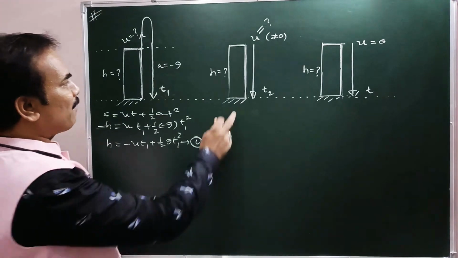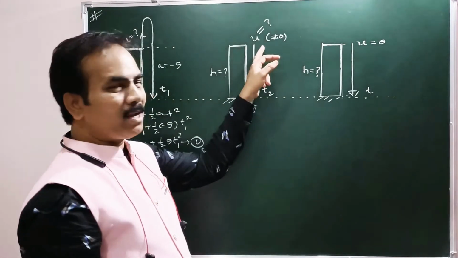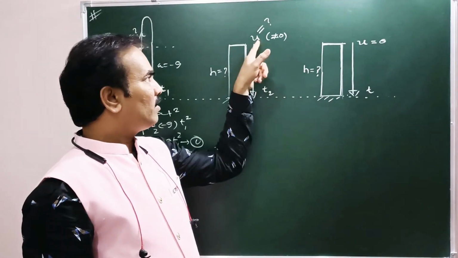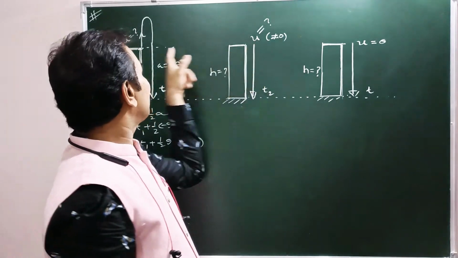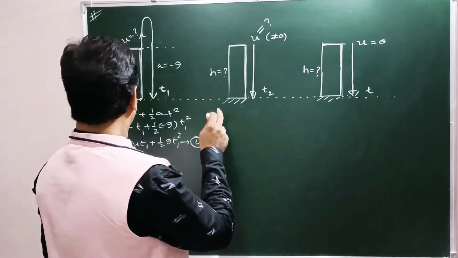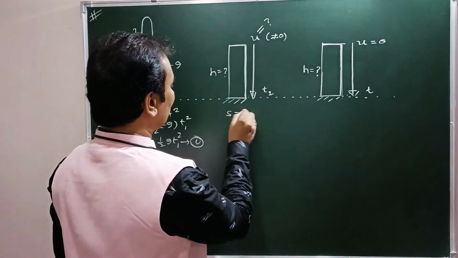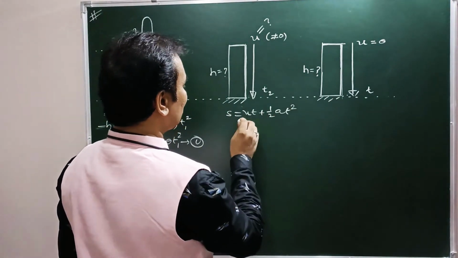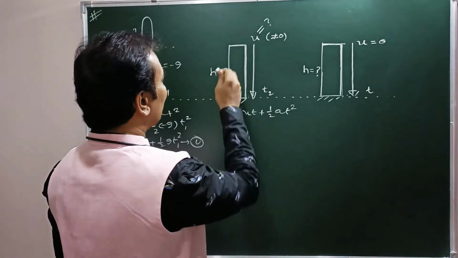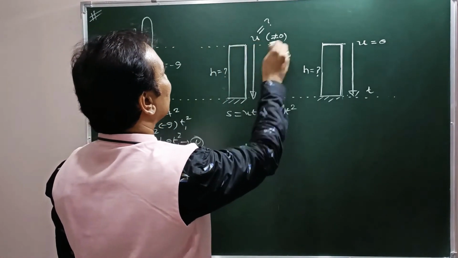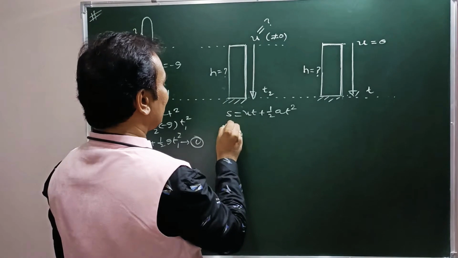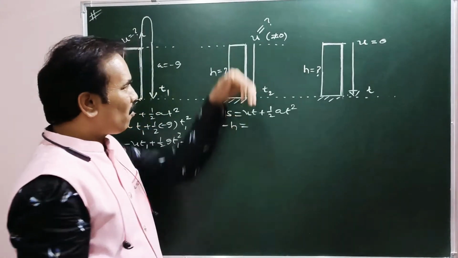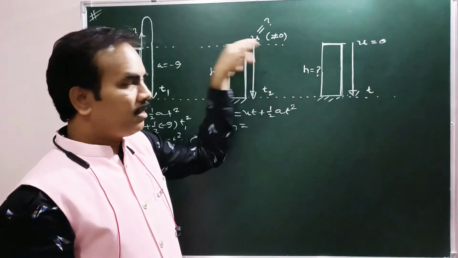Okay. Now coming to the second situation. This is the body projected vertically downwards with some velocity which is same as the previous case. Now take the same formula again, S equal to ut plus half at square. S means, see this was the reference line, S means minus h, because the body is moving vertically downwards from the reference line.